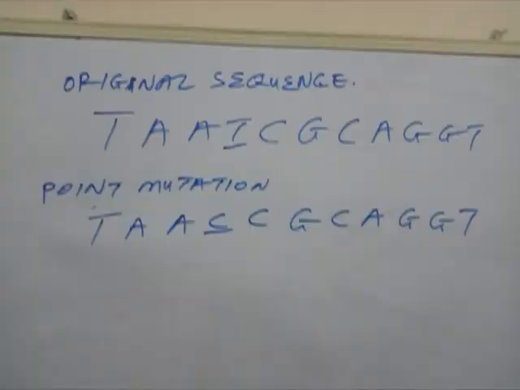Welcome back. As I said earlier, alkaptonuria or black urine disease is a very rare inherited disorder that prevents the body from fully breaking down two protein building blocks, that is amino acids, called tyrosine and phenylalanine.